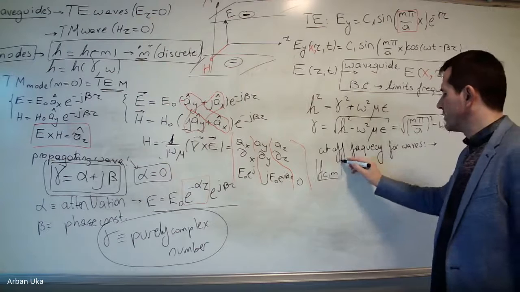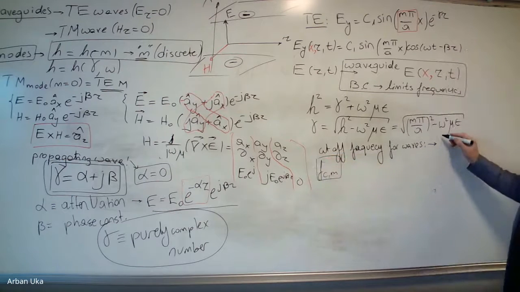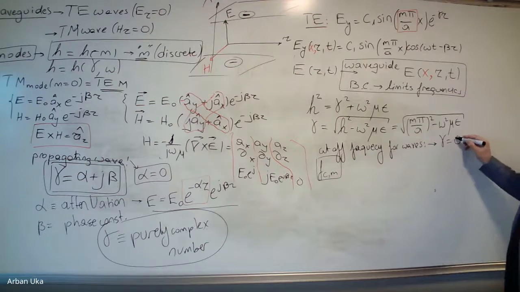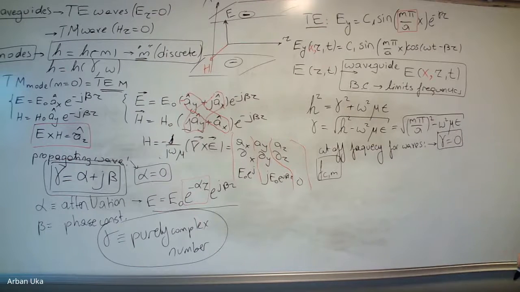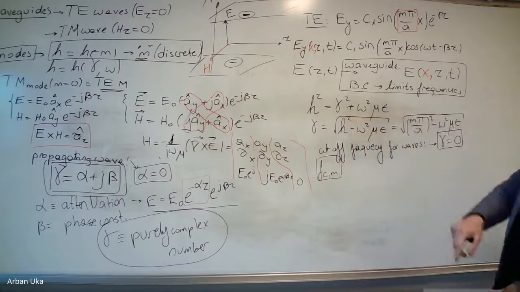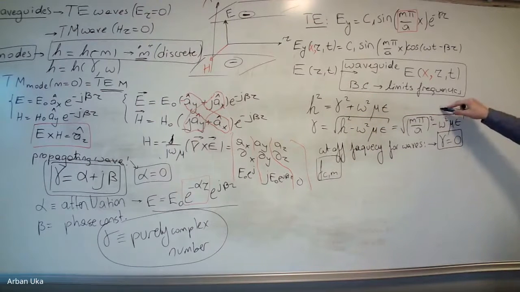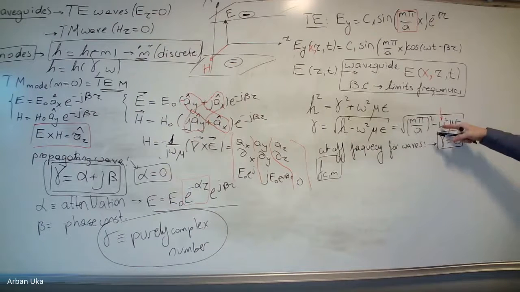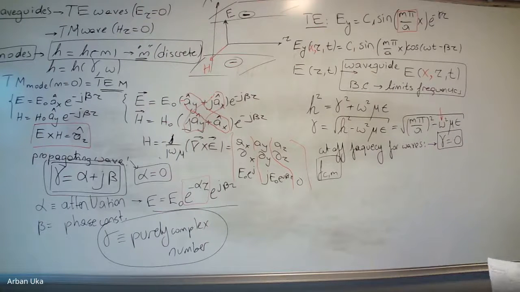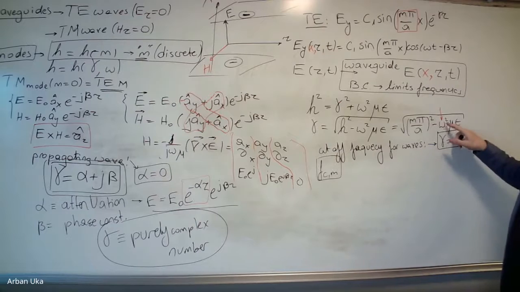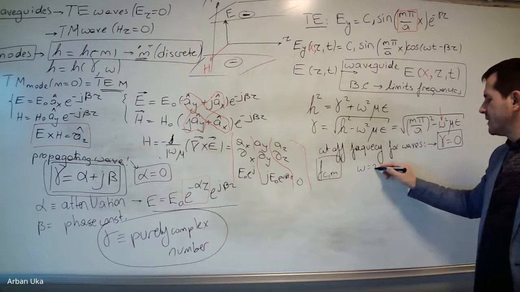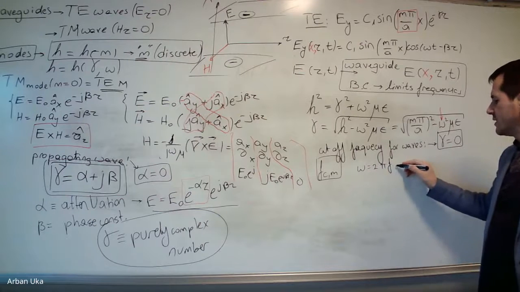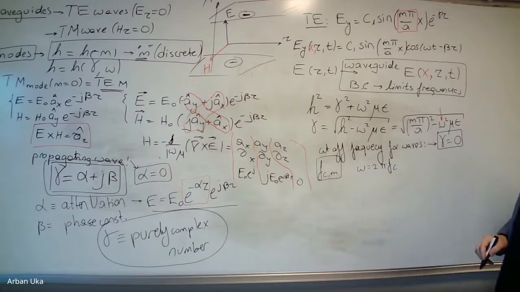Okay, this is the cutoff frequency, and this happens whenever gamma is equal to 0. So we should not forget this: the cutoff frequency of a specific waveguide reflects itself in the omega, because we know that omega is 2 pi f, okay? And if this is the cutoff frequency, this is the case.